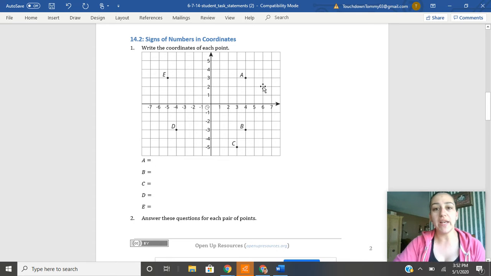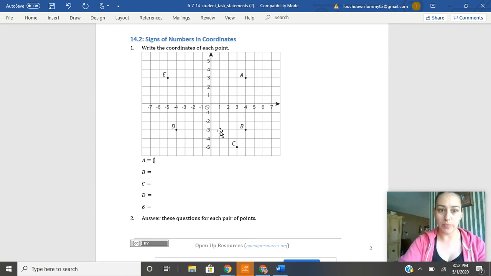So point A, which is located right here, first of all, just identifying those, would be that this one is 4 to the right, so it's a positive 4, and then it is 3 upward, so it's going to be a positive 3. So I'm going to use parentheses. 4 was my first, 3 was my vertical or second coordinate, so this would be 4, 3, both positives.